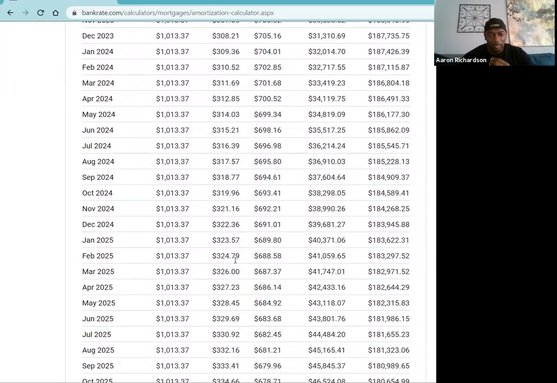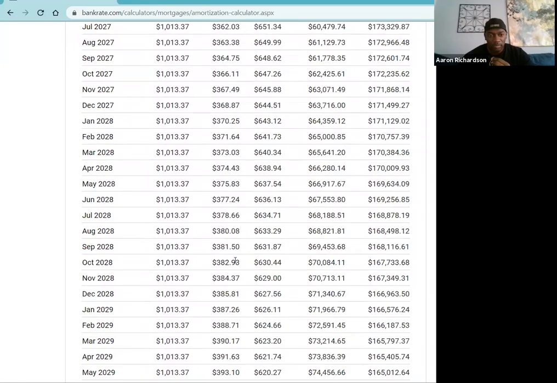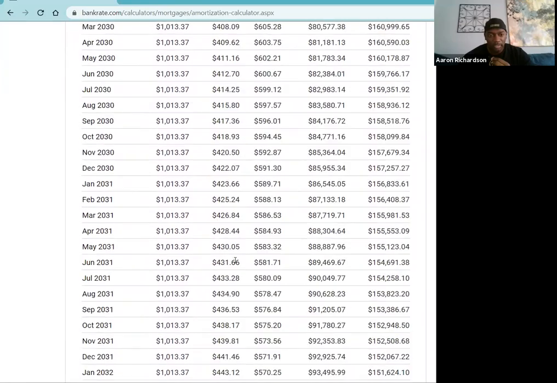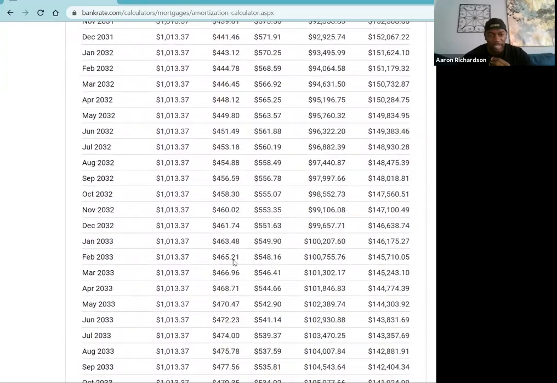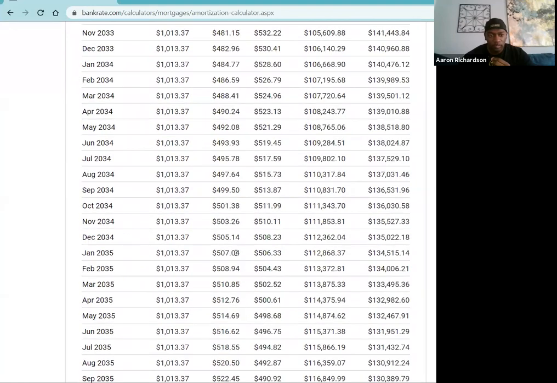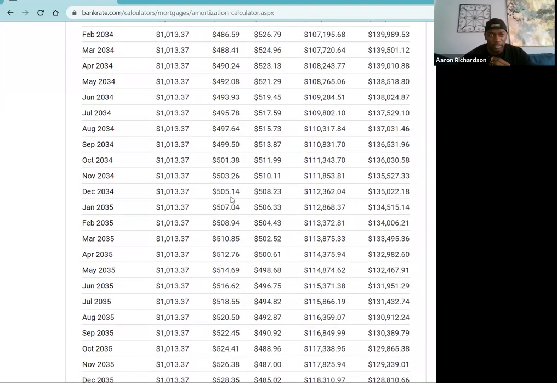Let's go to our break even point. We're going to be at about, I believe, 2035-ish. Right here, January 2035, we get to the point where we're applying a little more in principal than we are to our interest.